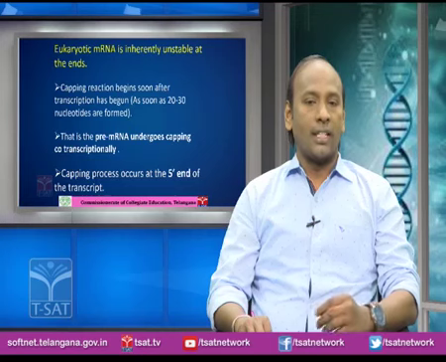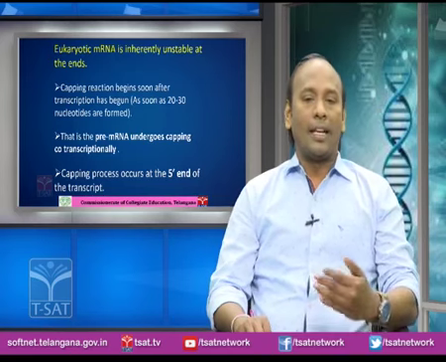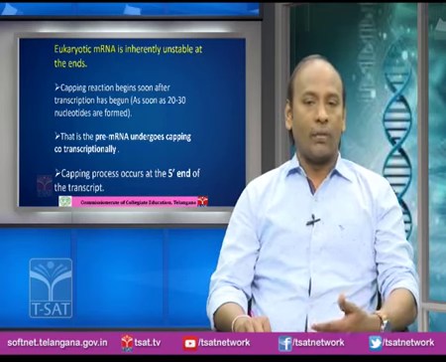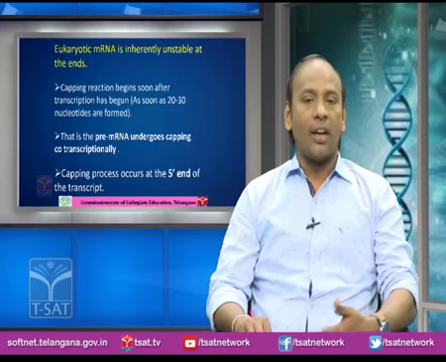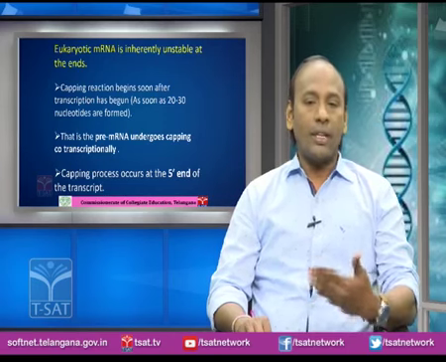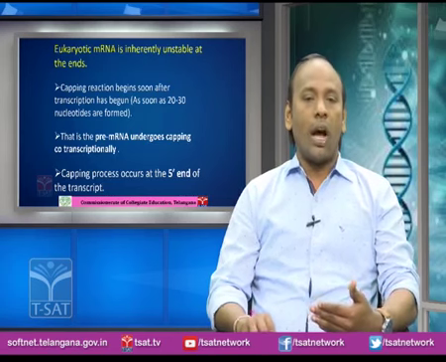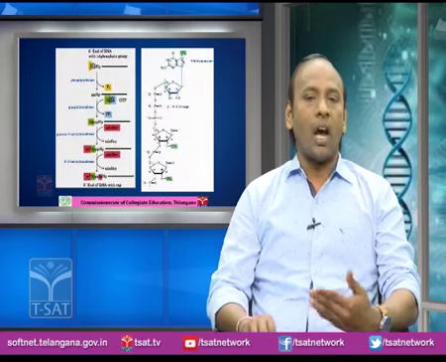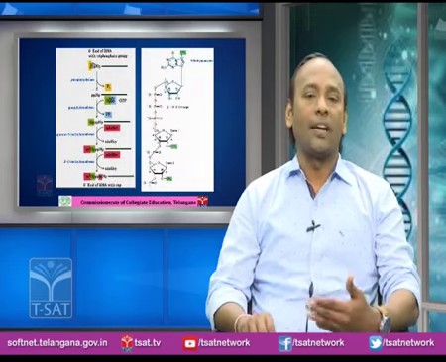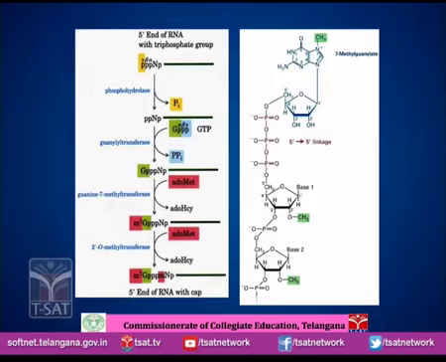This starts when around 20 to 30 nucleotides have been synthesized. That is the pre-mRNA, or nascent mRNA, undergoing transcription. There is a mechanism that can explain how this takes place.